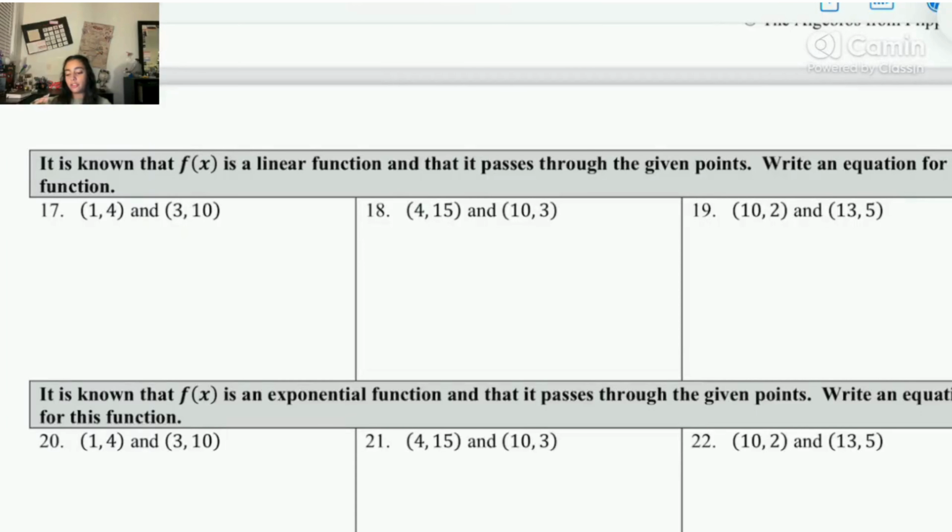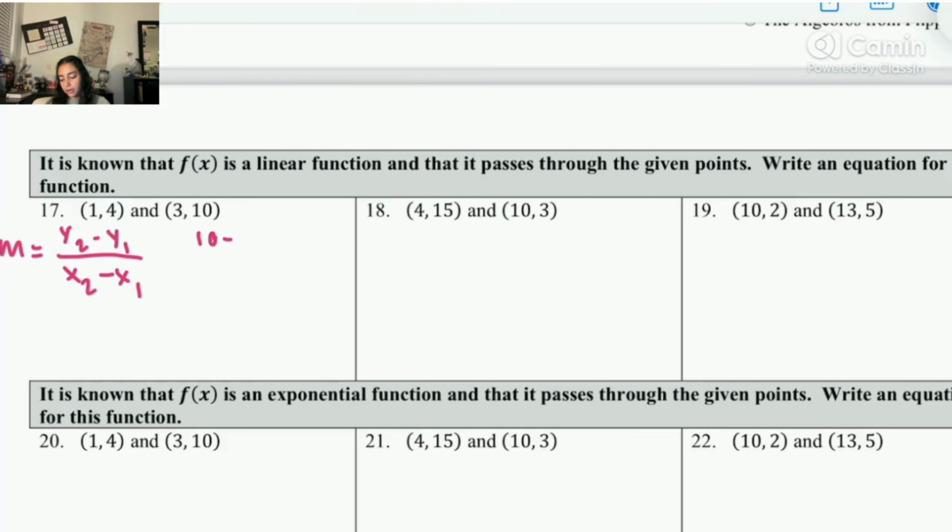Okay, now here we're actually going to be writing the equation for linear functions. So for number 17, our 2 given coordinates are (1, 4) and (3, 10). And the formula for slope is y2 minus y1 over x2 minus x1. So here we can think of our y2 as 10 and our y1 as 4.